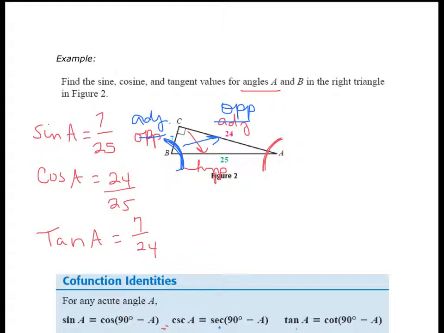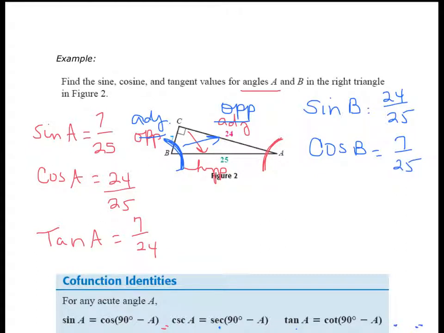So let's look at sine B. Sine B is going to be 24 over 25. It is the opposite over the hypotenuse. Cosine B is going to equal 7 over 25. Tangent B is going to equal 24 over 7.